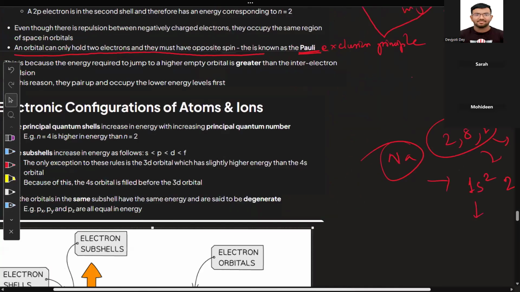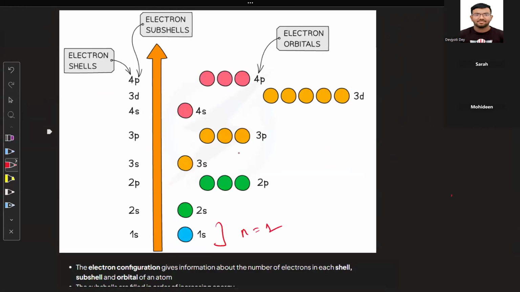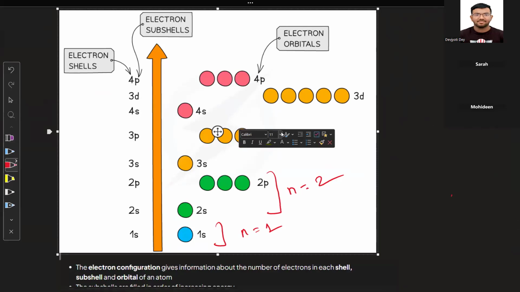I was going to show you, to be honest. Check this out. N is equal to 1 has only one orbital. Remember that. N is equal to 2 has two orbitals. And always remember another thing.